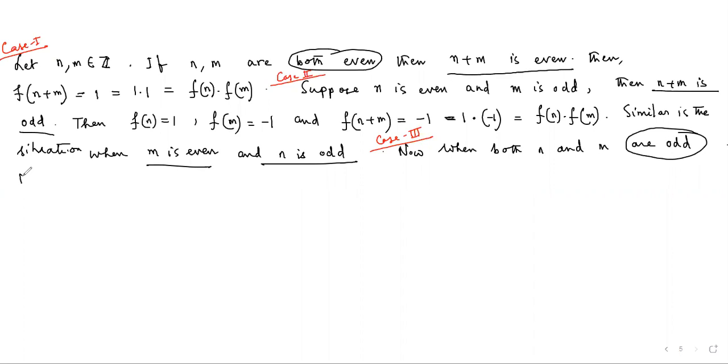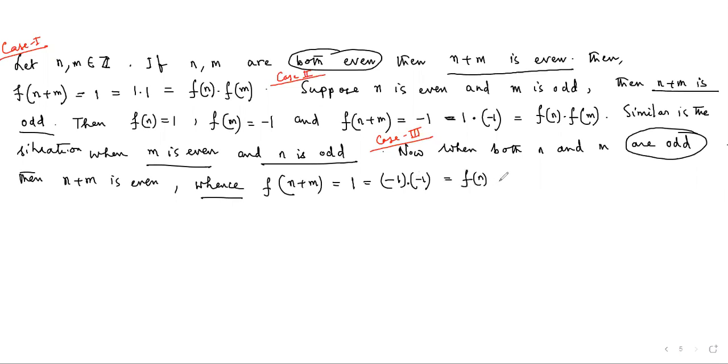Then n plus m is even. Sum of two odd numbers is an even number. Whence f(n+m) is equal to 1, which is -1 into -1, which is f(n) dot f(m).